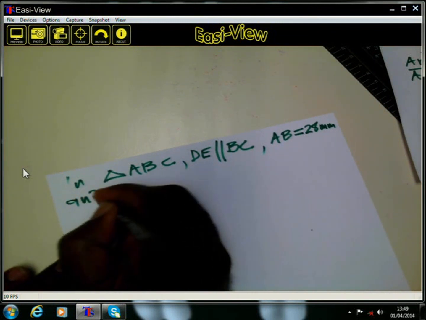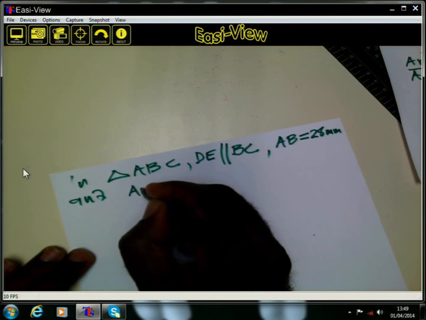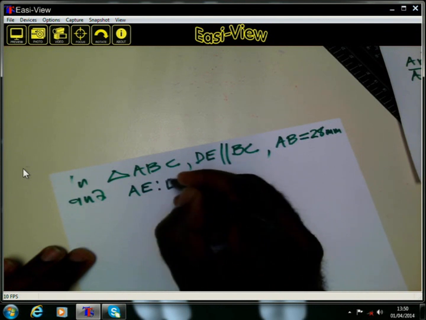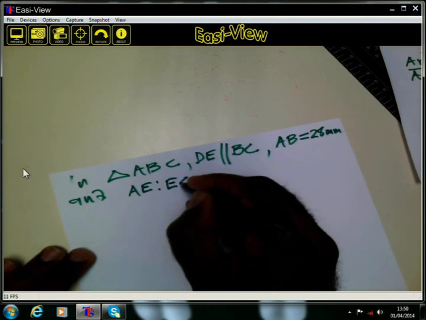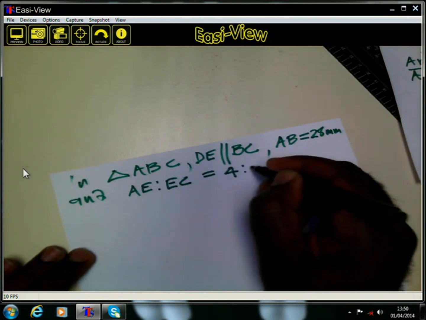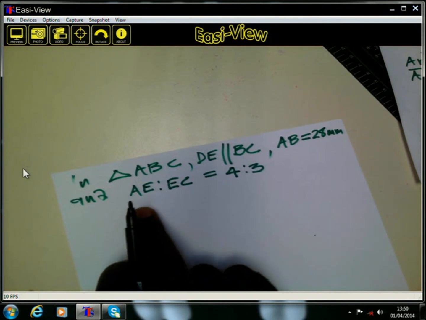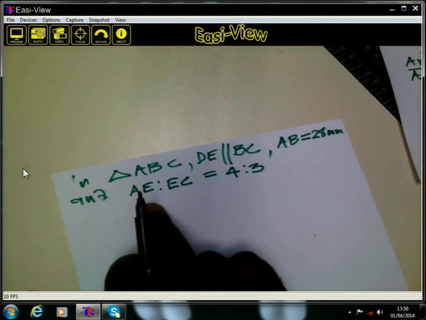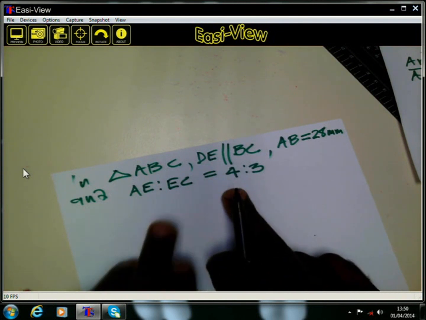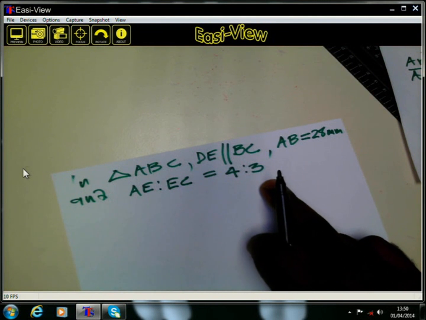And the ratio of AE to EC is 4:3. If I've got to explain this, they say the length of AE is going to be 4 units when the length of EC is going to be 3 units. I wish we get that one right.